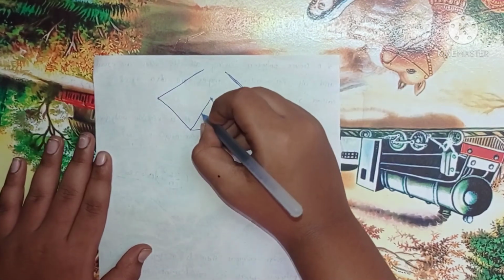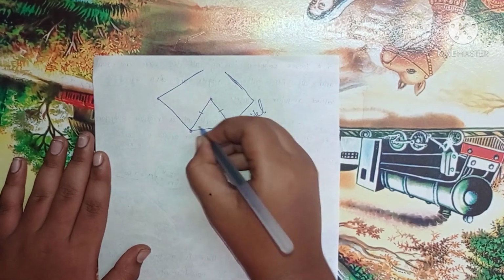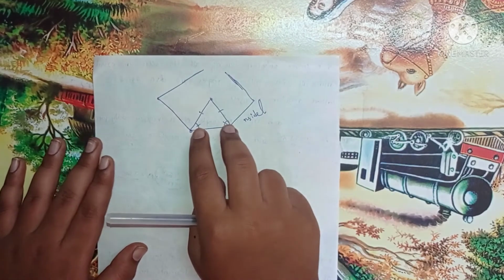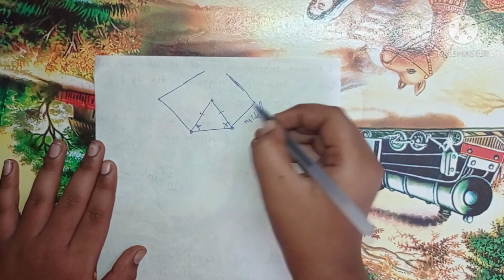These two are at equal distances from the two vertices, so this angle will be equal to this angle. We will discuss it in further classes. Here this angle is also equal to this angle.